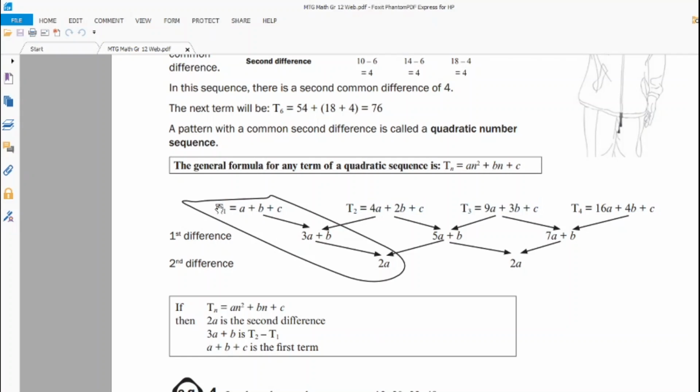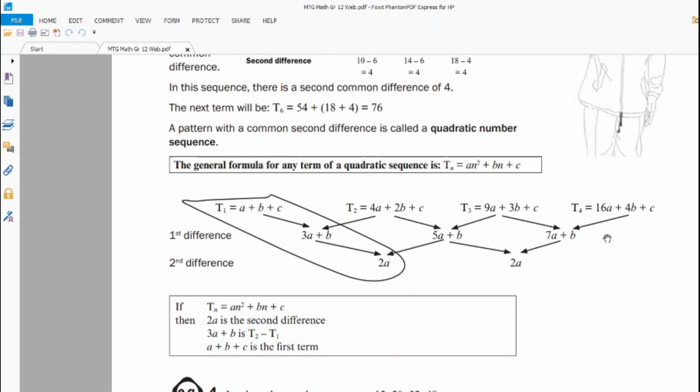And so here we have a quadratic sequence. For the first difference, we get it by saying term 2 minus term 1, which gives us 3a plus b, right? Then term 3 minus term 2 gives us 5a plus b. Term 4 minus term 3 gives us 7a plus b.